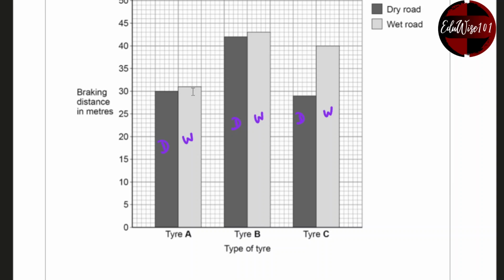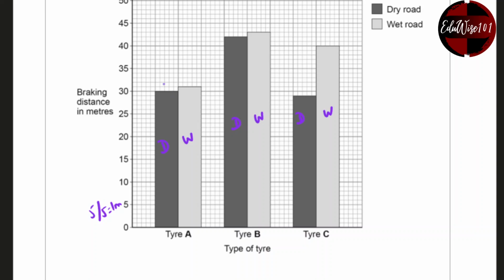So you can see automatically on a wet road, the braking distance is slightly bigger, right? Except for tire C, the difference is much bigger, whereas tire A and B is actually just 1 meter difference. Each of these boxes, there's 5 boxes, so 5 divided by 5 is 1 meter.